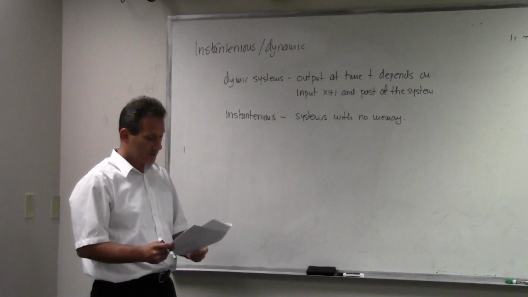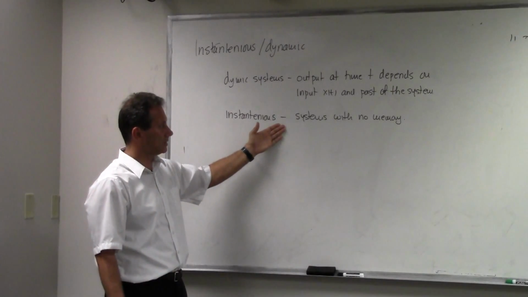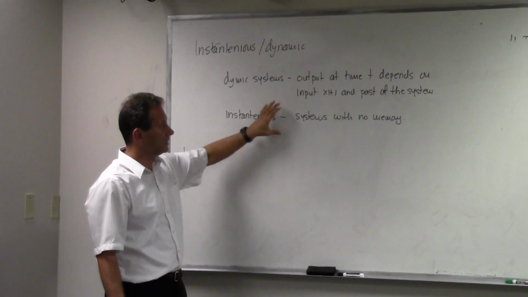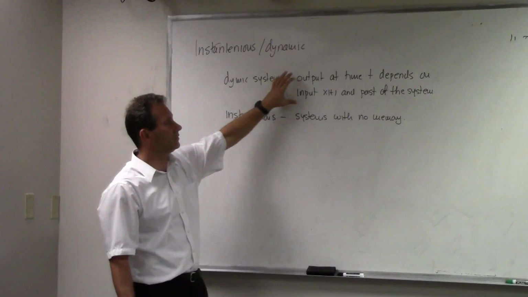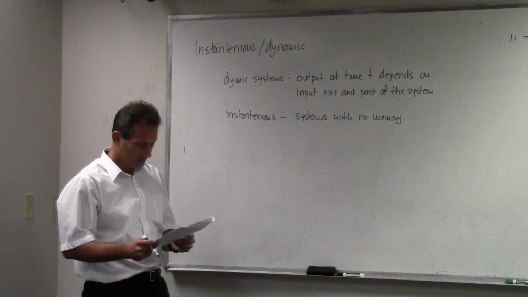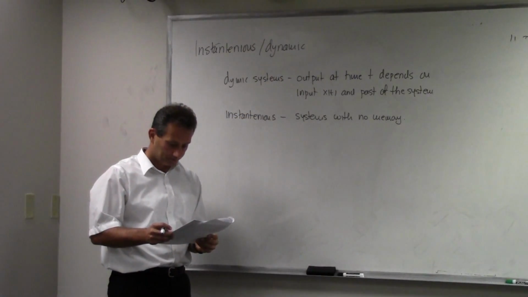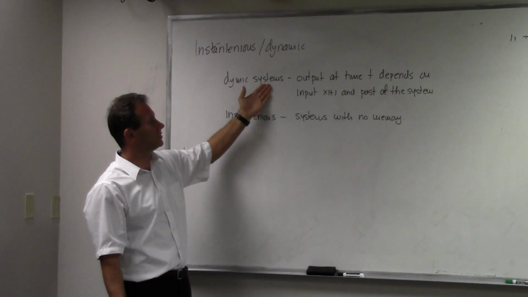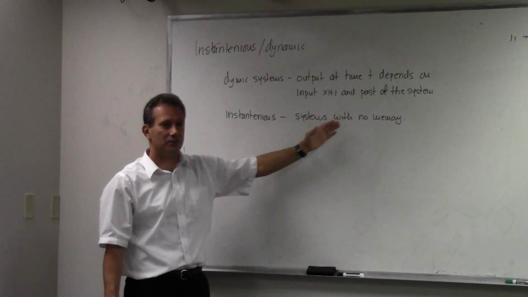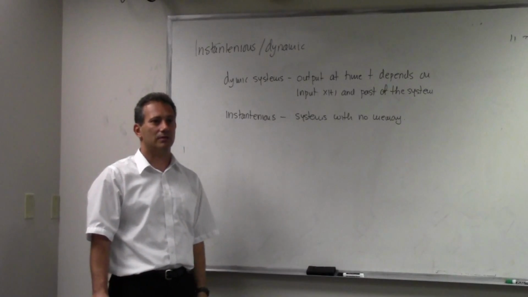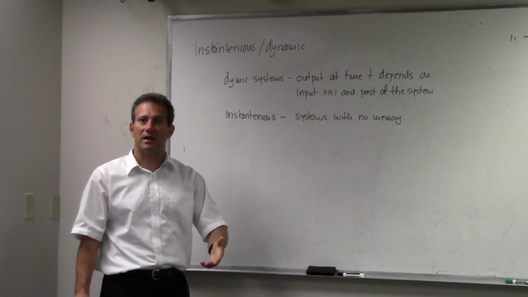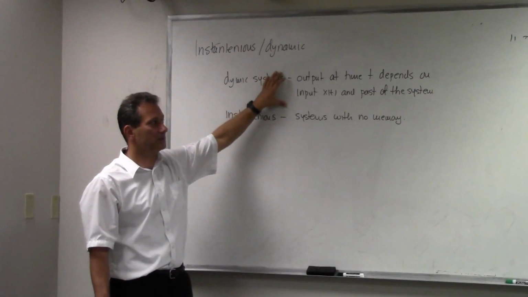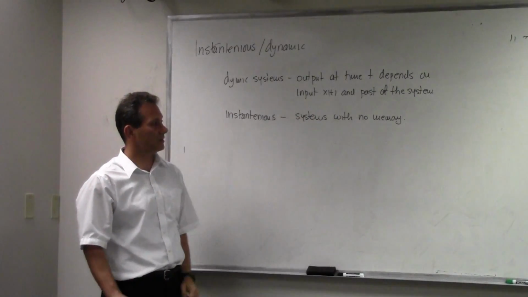There are systems that are, as I say, specifically designed to be this way. Most of the systems are systems with memory. Now, if you look at it, this is actually a special case of the dynamic one. It's just that the memory is 0. Right? So usually, all the equations and all the analysis that we devise for dynamic systems are applicable to these guys as well.